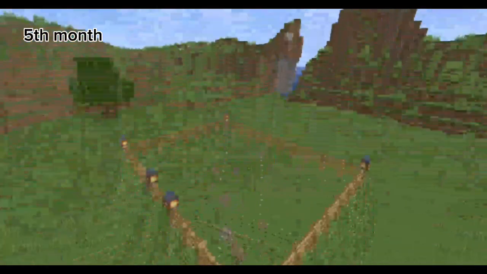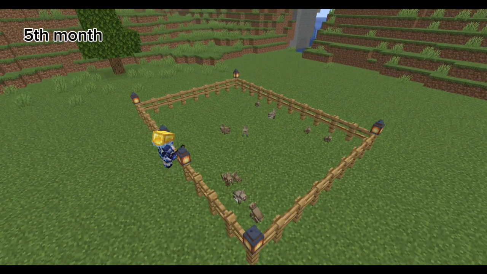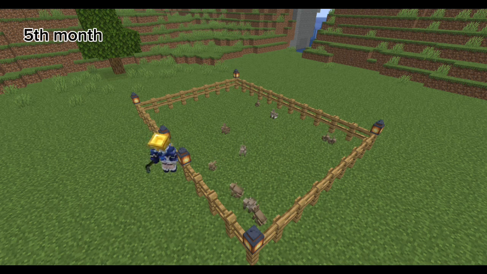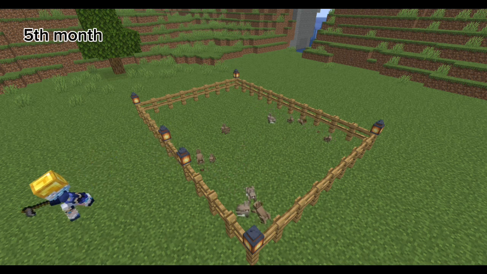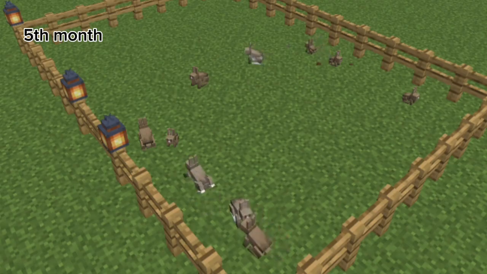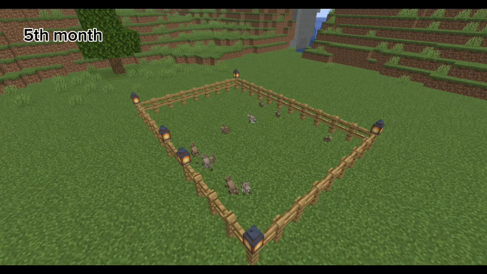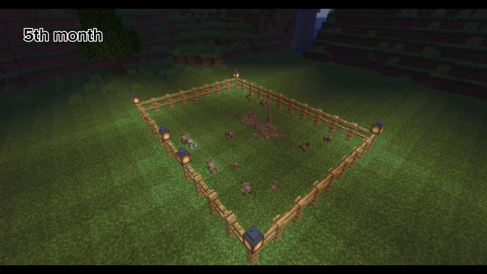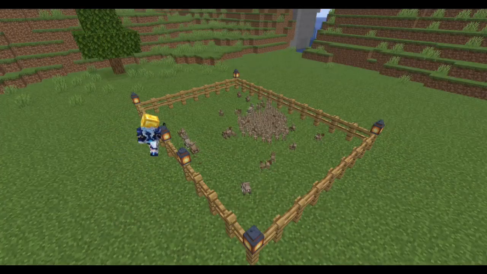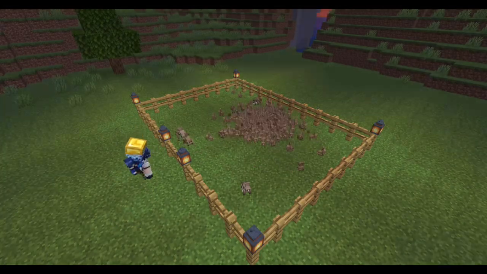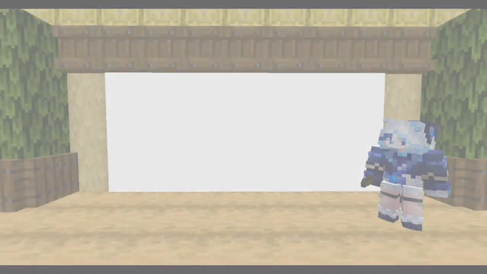In the fifth month, the initial pair and the rabbits from the third month reproduce their pairs, in which we now have 5 pairs in total, 3 pairs of adults and 2 pairs of children. The list could go on, but that would make the video much longer. Goodness, that's a lot of rabbits.